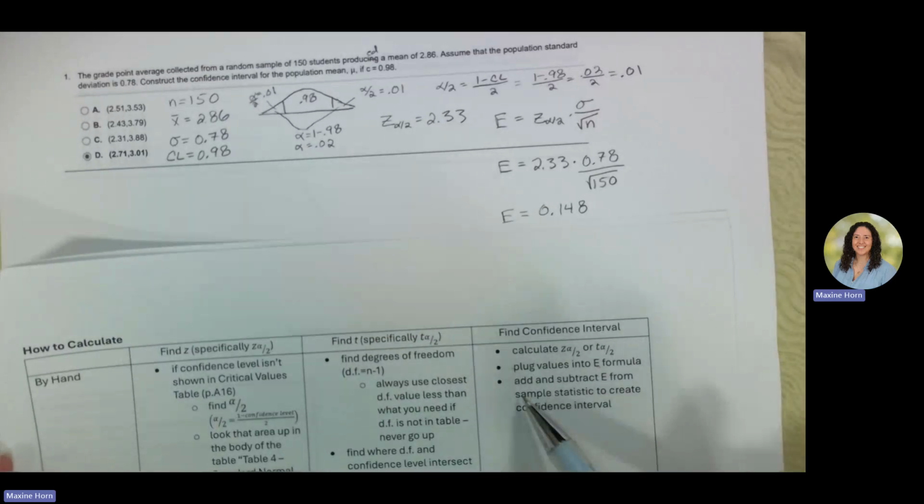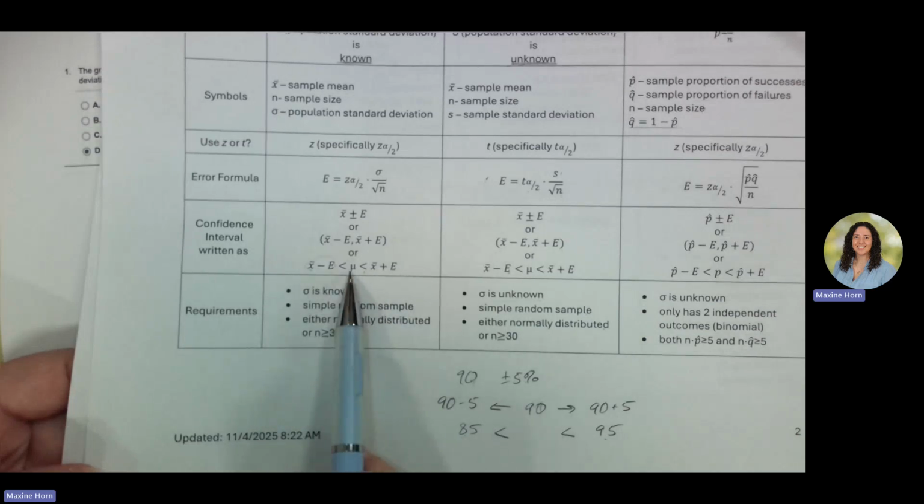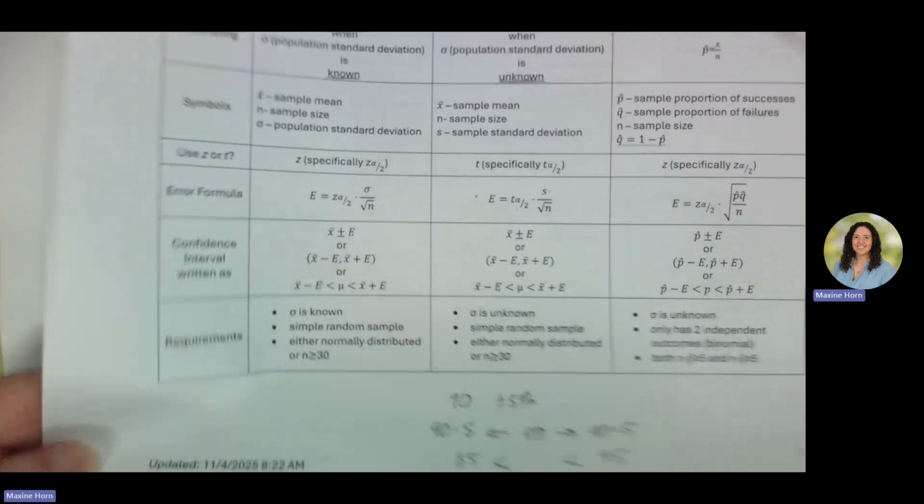Okay, right, plus or minus that margin of error. Now we need to add and subtract it from our sample statistic to create the confidence interval. Right? We're adding and subtracting it from our sample statistic to create the confidence interval.